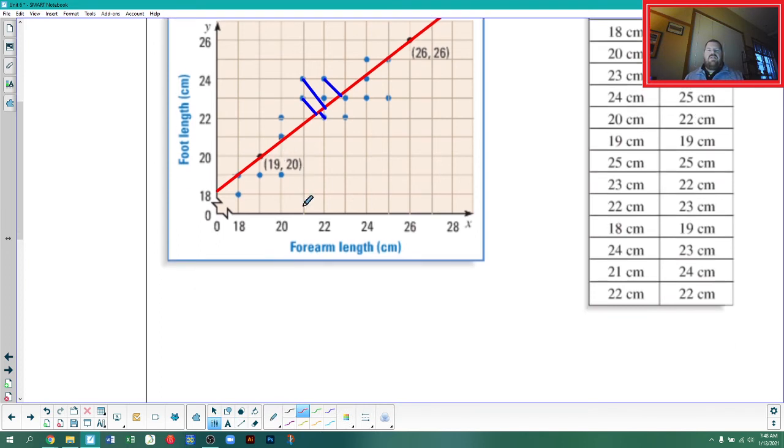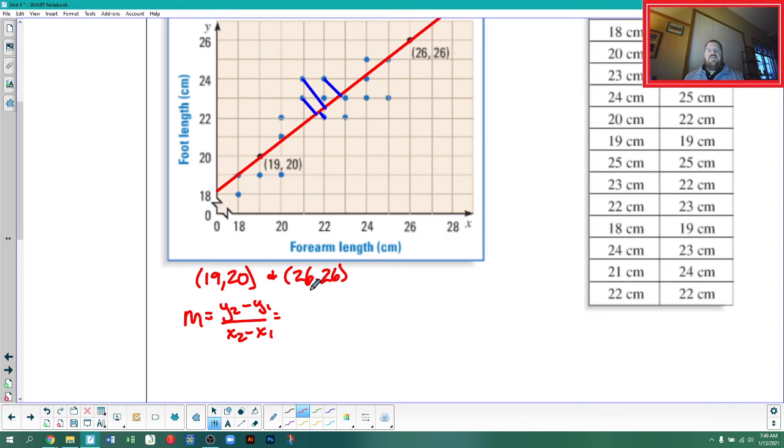So I've got 26, 26 and 19, 20. Those are the points that I'm working with. 19, 20 and 26, 26. So I'm going to start off by finding my slope with y2 minus y1 over x2 minus x1.